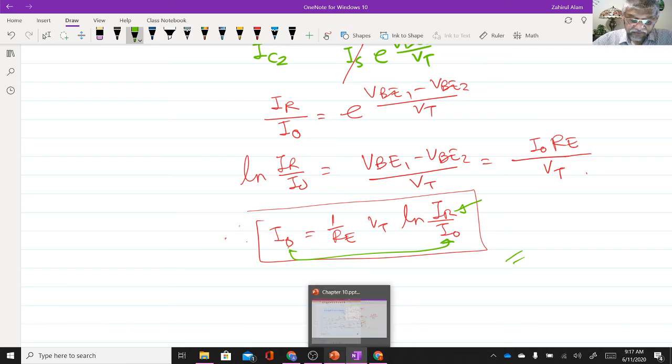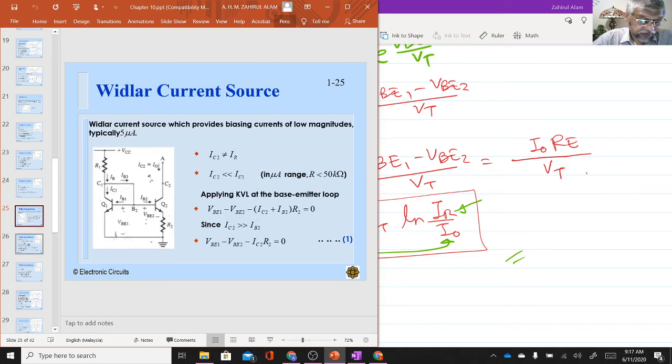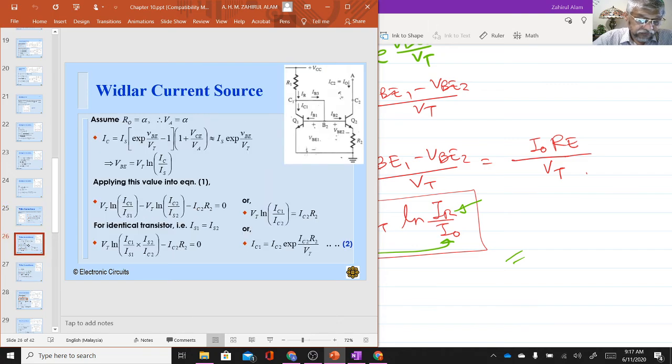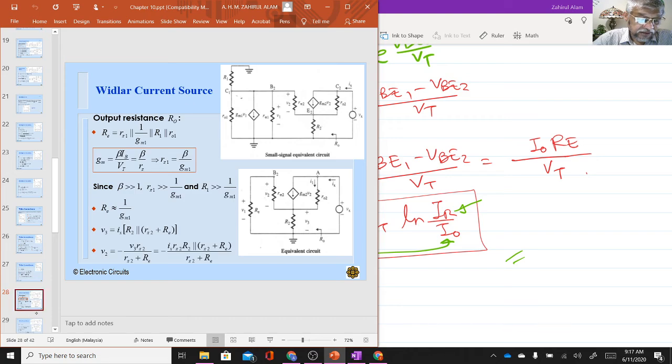So what is the output resistance? Let us look at the output resistance.